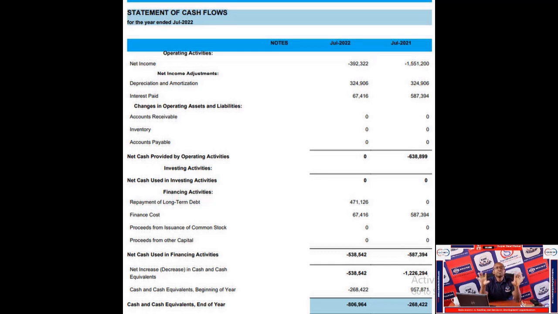So those are the two principles that you need to understand. Like I asked you to understand, assets equal liabilities plus owner's equity. Now you need to understand the concept that an increase in assets is a decrease in cash. A decrease in assets is an increase in cash. That's on the left side of the accounting equation. On the right-hand side, an increase in liabilities is an increase in cash.